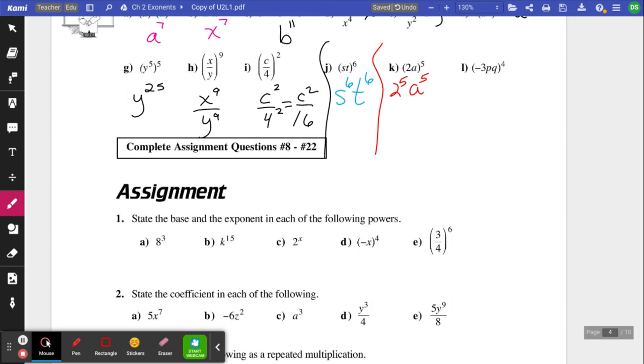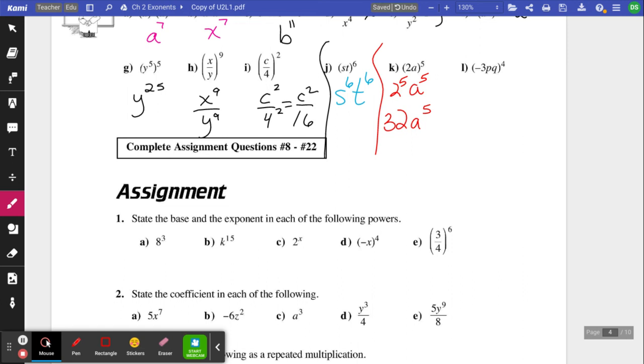What would you put on your calculator? 2 to the power of 5 is the same as doing what? How could I do it on my little old calculator when I was little? 2 times 2 times 2 times 2 times 2, and that is not 10. That is 32. You with me, Abby?